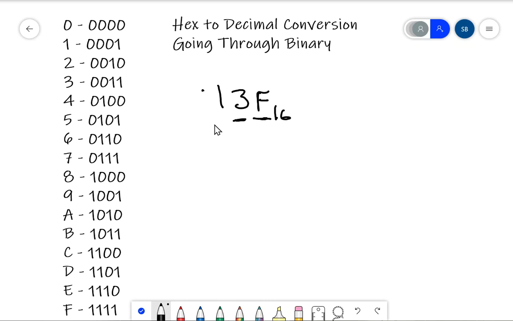So if you remember our hex to binary conversions, we just do groups, right? This hex digit is going to yield 4 binary values. This one is going to yield 4 also. I can pull them right out of the chart over there. That's why I put the chart there, but most of these I know by memory.